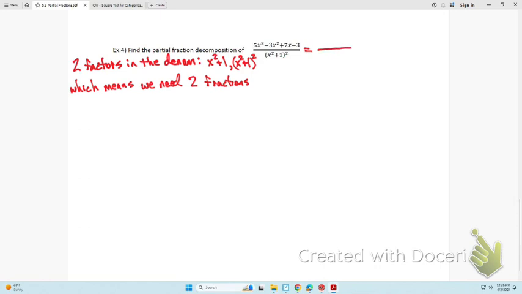So we're going to have x squared plus 1, x squared plus 1 squared. And since those are quadratic, I need to write something linear up top. Or another way to think about it, since the denominator has a power of 2, this needs a power of 1. It needs to be down 1 exponent.